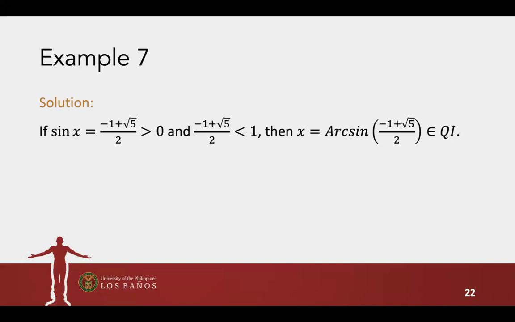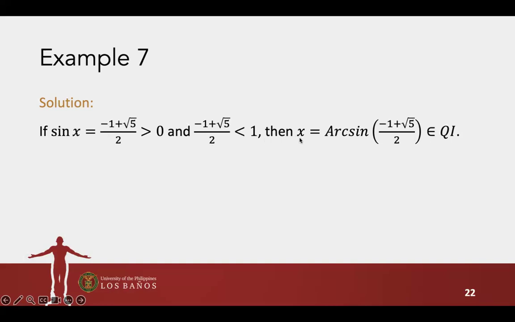Okay? Our number must be between 1/2 and 1. That's why we are sure that this value is less than 1. Okay? So it means it's within the range of sine.